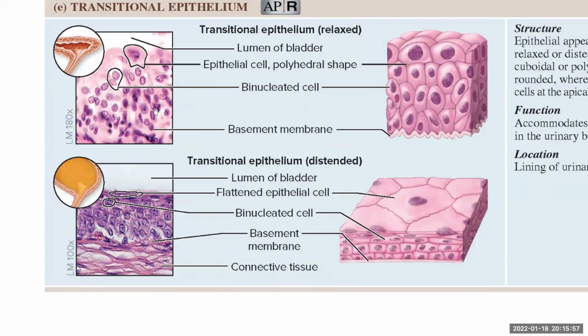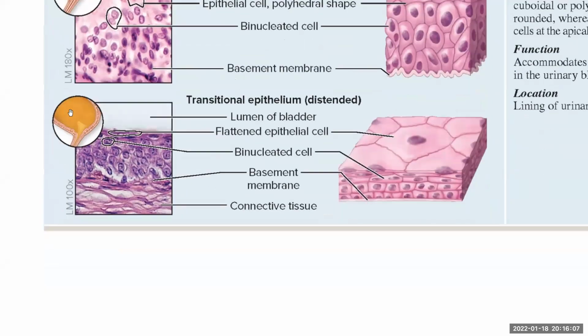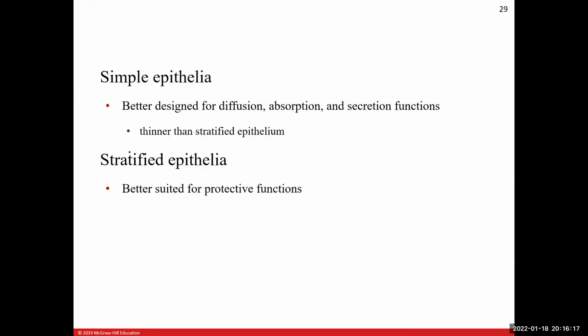Here's another one over here. So you can see these binucleated cells, but when it's empty, look, nice rounded top to the cell here. Now, when the bladder starts to fill up and things get compressed and stretched, now the apical cells appear flattened. That's because of the pressure of the urine there.